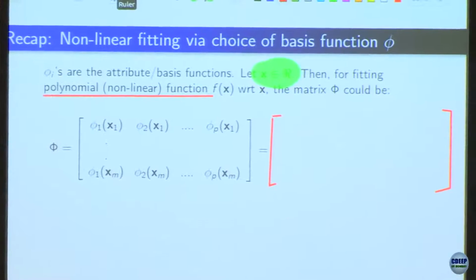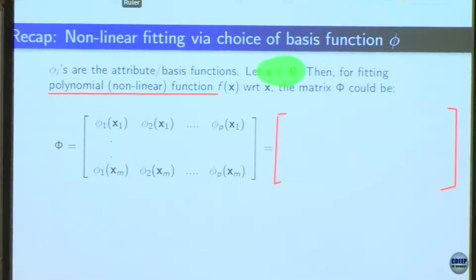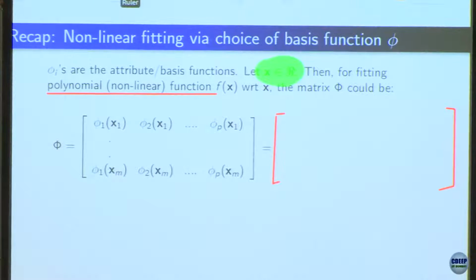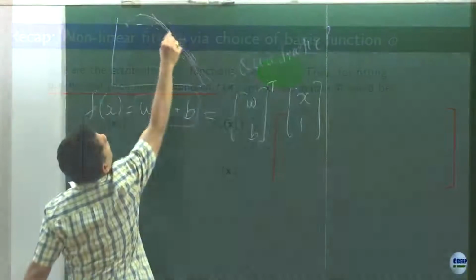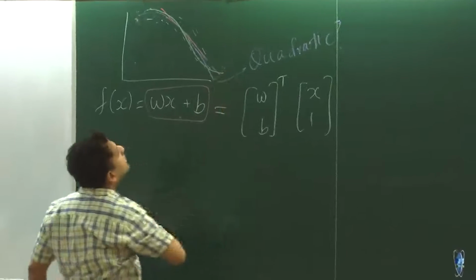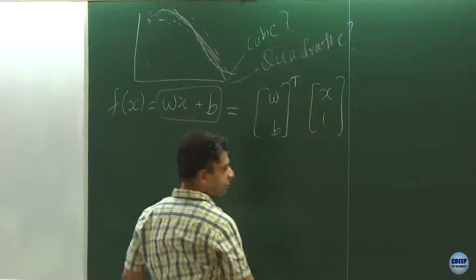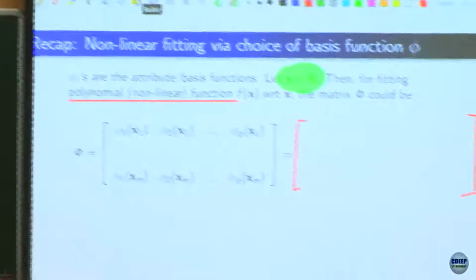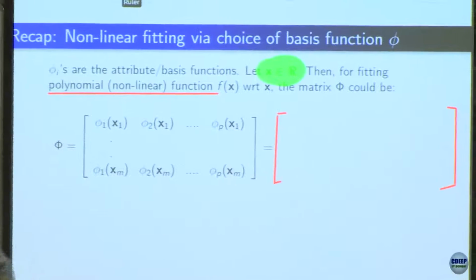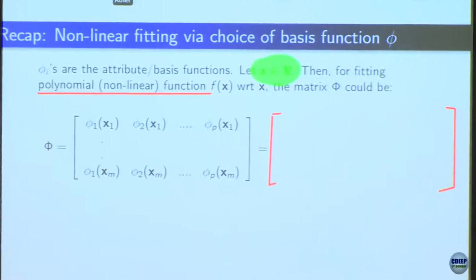So can you suggest some choice of phi 1 to phi p? I showed the quadratic case. I could get more ambitious and say, well, I also want cubic approximations. So can you help me fill up the capital phi matrix?